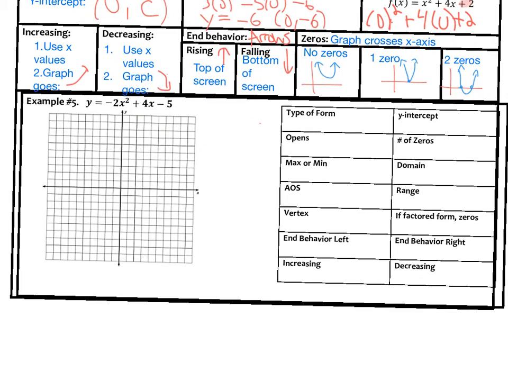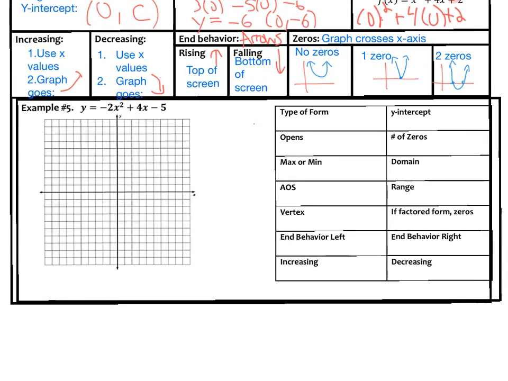So we're going to take everything that we talked about and complete one full problem. So a lot of information here. First off, we have an x squared, an x, and a number. So that form is called standard form.